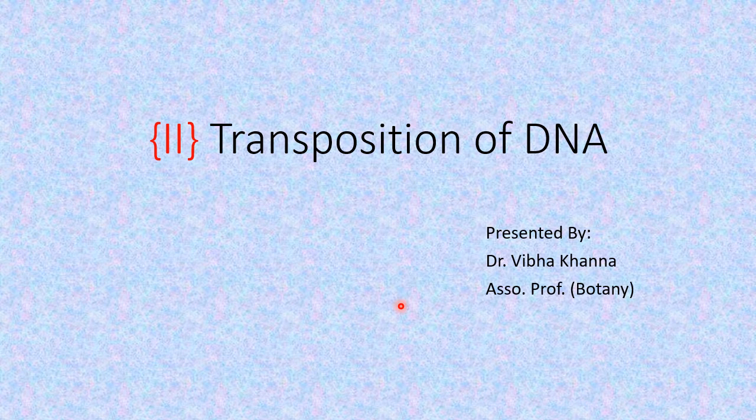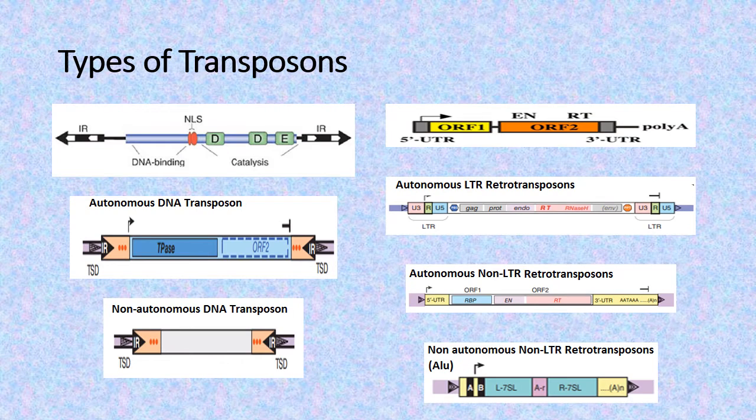The basis of their classification is the mode of transposition, that is how they change their position within the genome and the intermediates that are involved in the process of transposition. So in this video, we will try to understand the basic methods of transposition of the DNA segment.